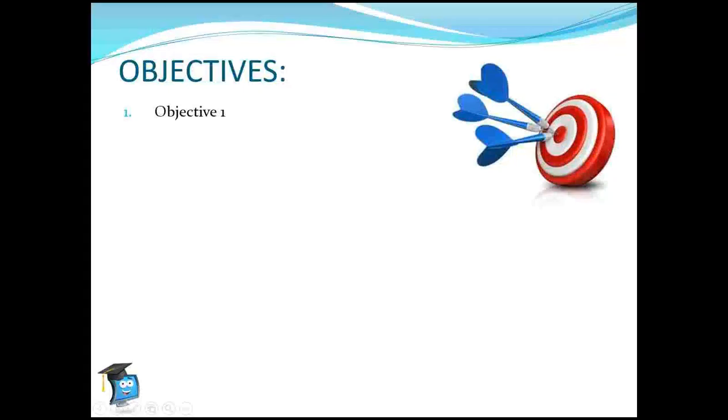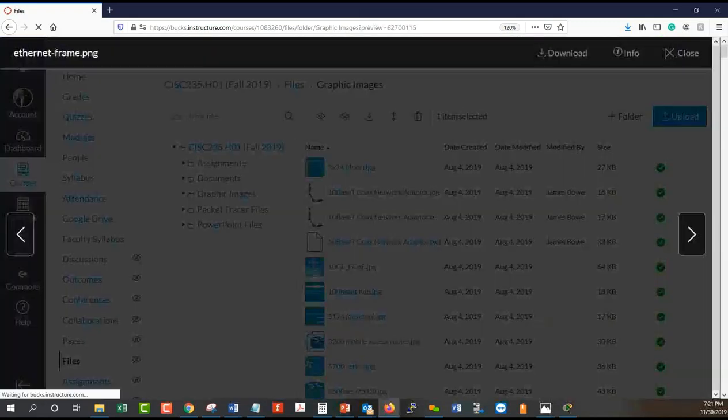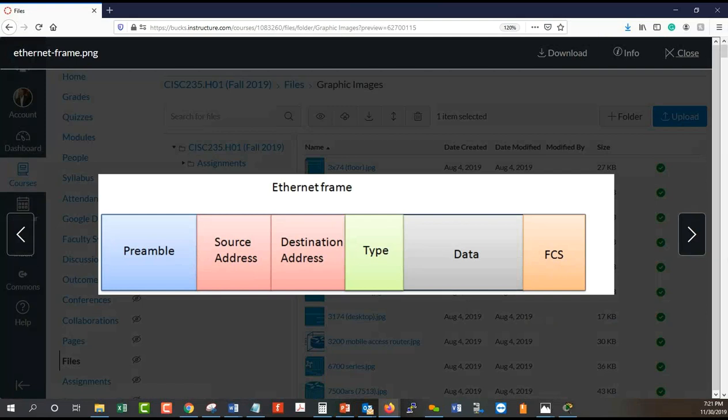All right. So let's see if I can find some of the others that I wanted to show you. This is an Ethernet frame, and the Ethernet frame is the PDU for the data link layer.